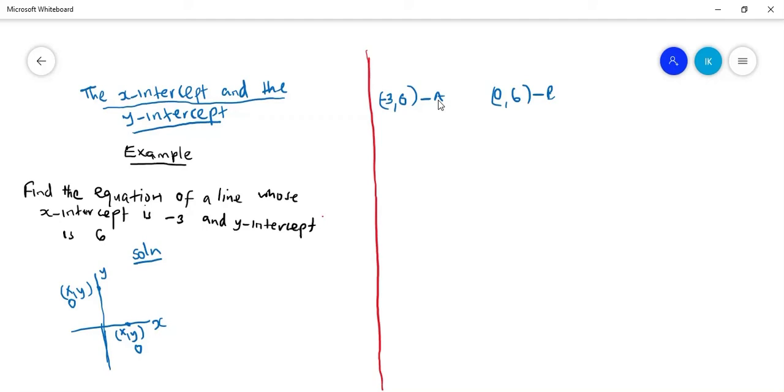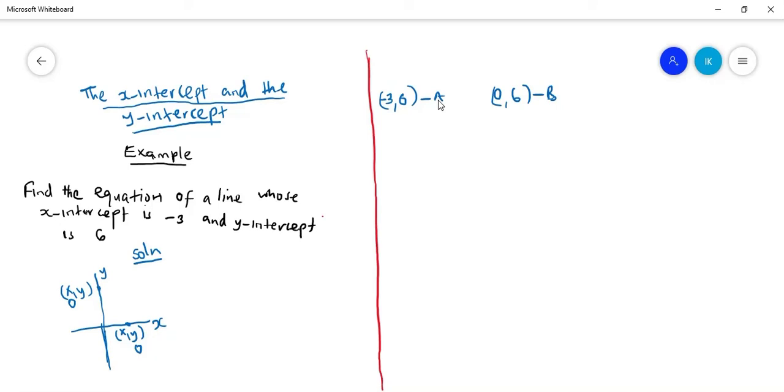If we have these 2 points, it reminds us of what we did in some of the previous videos, where we are supposed to find the equation of a line using 2 points. First we have to get the slope or the gradient of these 2 points.